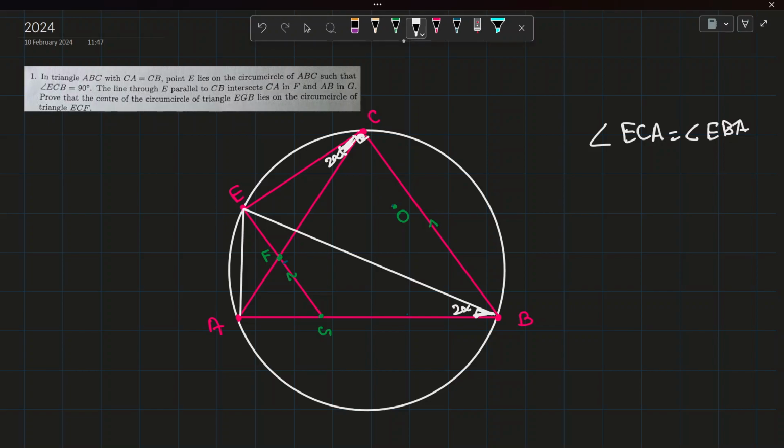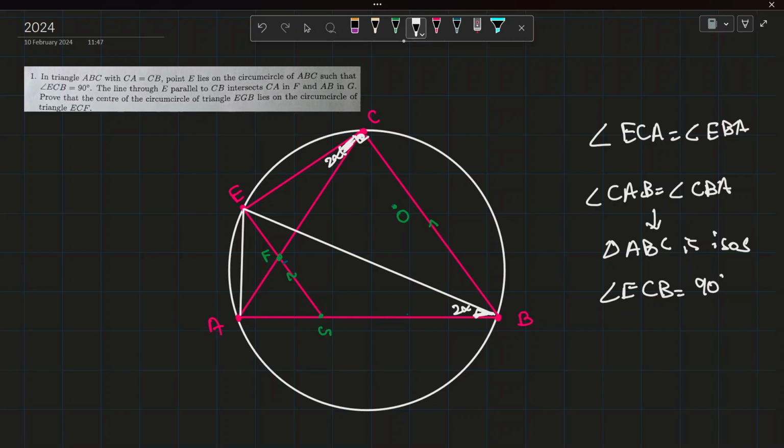And because this angle is 2 alpha, and note that we know that angle CAB equal to angle CBA, because this follows because ABC is isosceles. And also we know that angle ECB equal to 90 degrees by the problem condition, which implies that angle ACB equal to 90 minus 2 alpha.